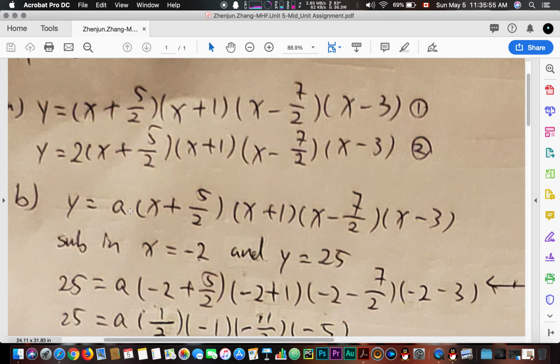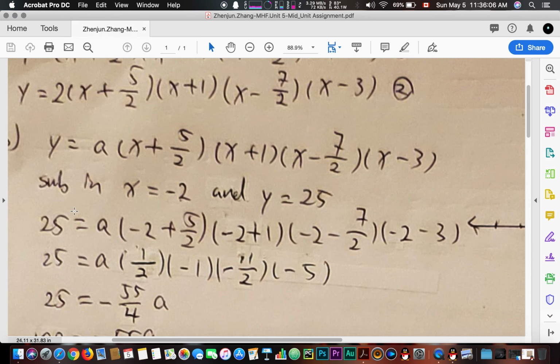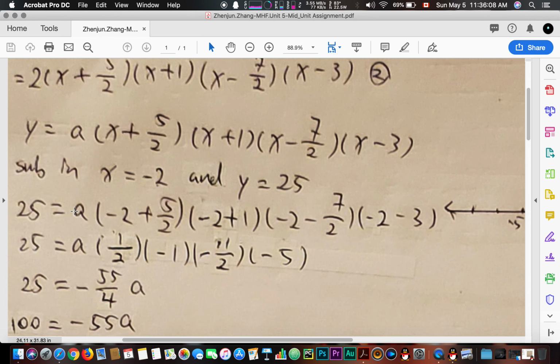And then we substitute x equals negative 2, and y equals 25. So we have 25 equals a times negative 2 plus 5 over 2 times negative 2 plus 1 times negative 2 minus 7 over 2 times negative 2 minus 3.